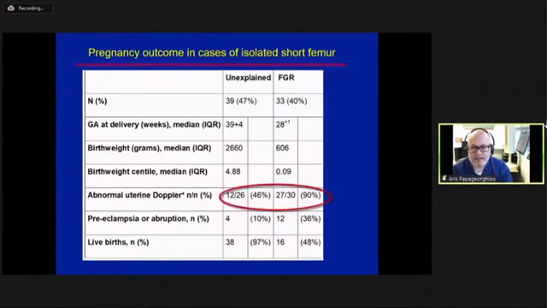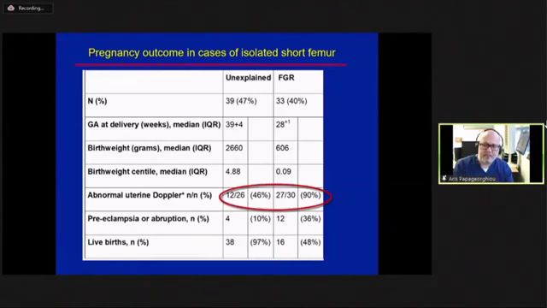So if you look here, 90% of those that subsequently got growth restriction had abnormal uterine artery Doppler. Here I'm talking about uterine artery Doppler not as a screening test, as we normally think about it as a screening test for preeclampsia, but as an aid to help us reach a diagnosis.